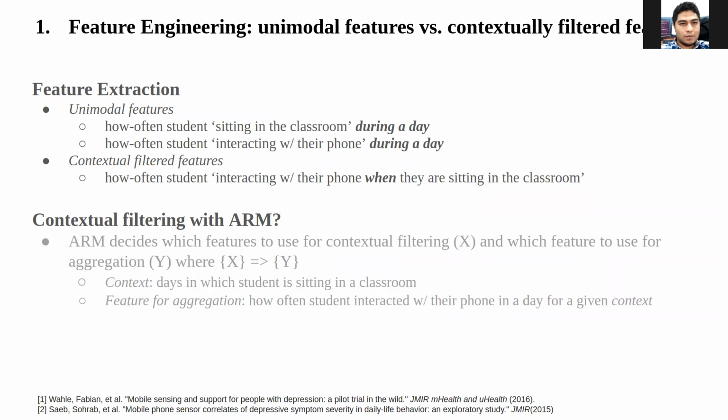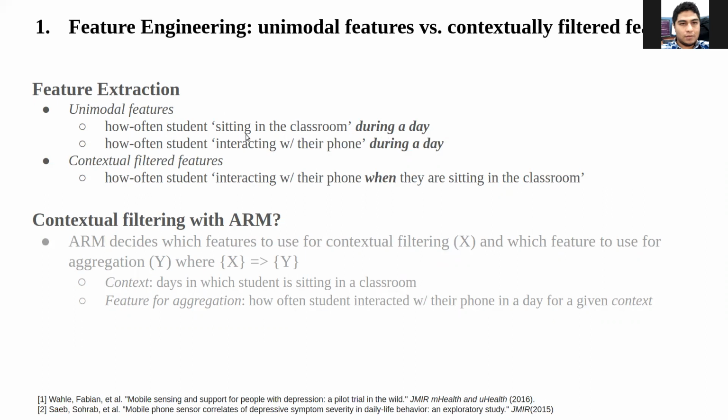Now let's talk about the difference between unimodal and contextually filtered features. Unimodal features are normal features, which were used before this work. For example, how often a student is sitting in a classroom in one day is one feature.